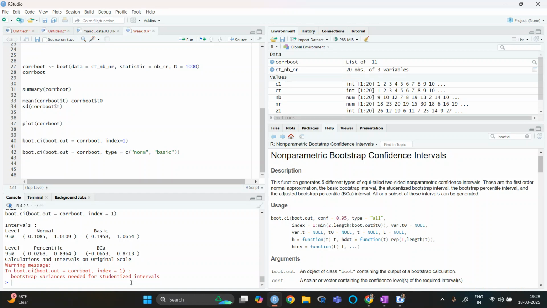Here we have not given the variances, so that is why we cannot find the intervals using the T distribution. So here we have the normal, basic, percentile, and bias corrected.